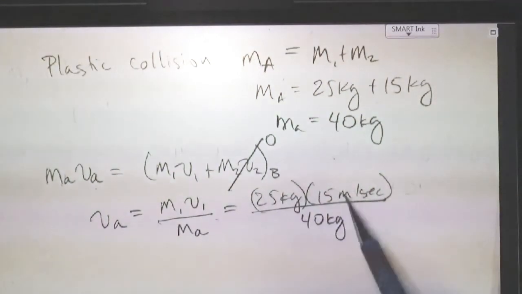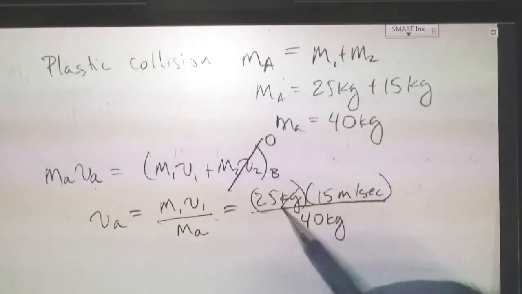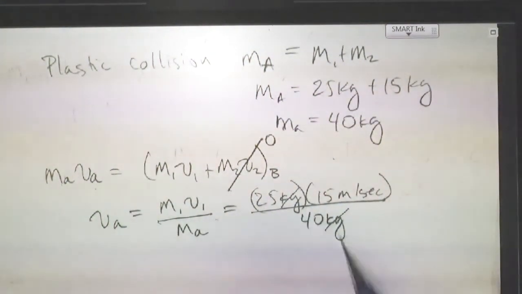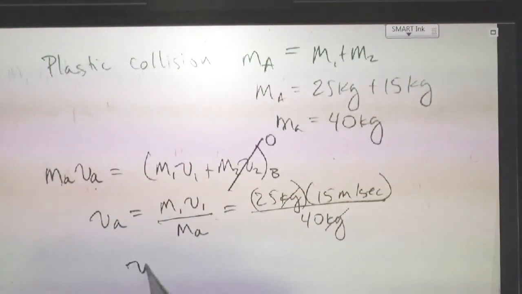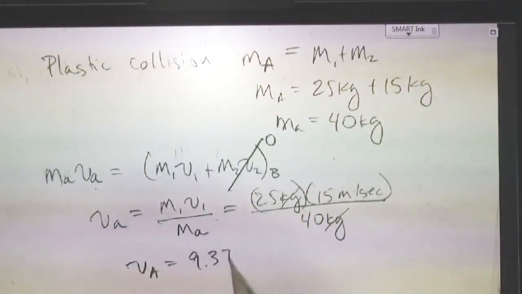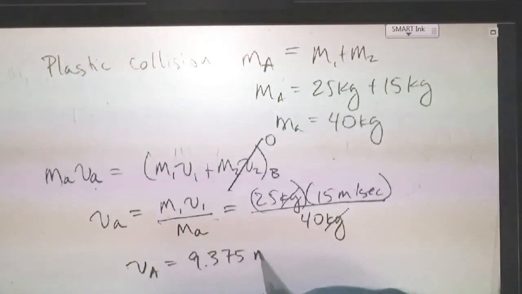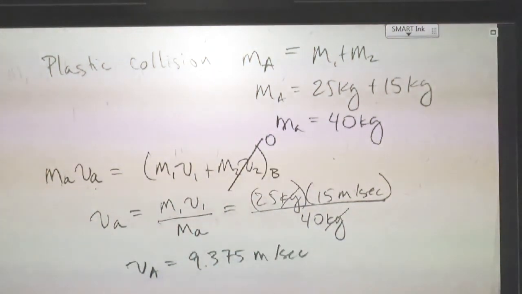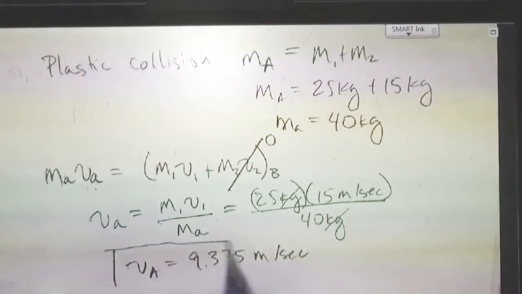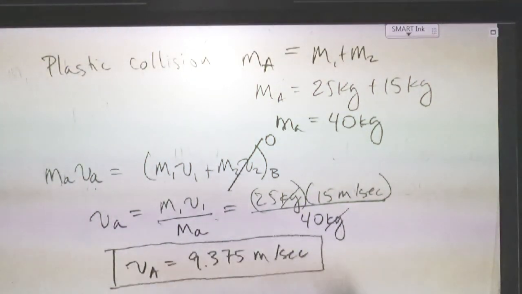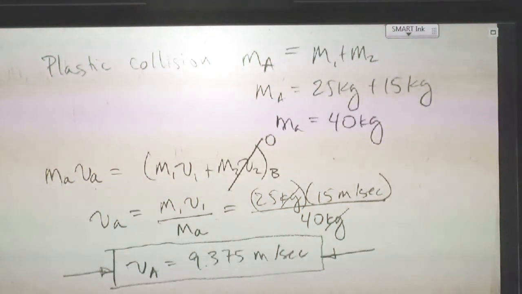You'll note I've been keeping my units all the way through, so now I can easily look and say that kilograms divided by kilograms is 1, and we have an answer that equals 9.375 meters per second. And as always, it's best to box our answer or highlight it or star it in some way so that it draws our reader's eyes to the solution.